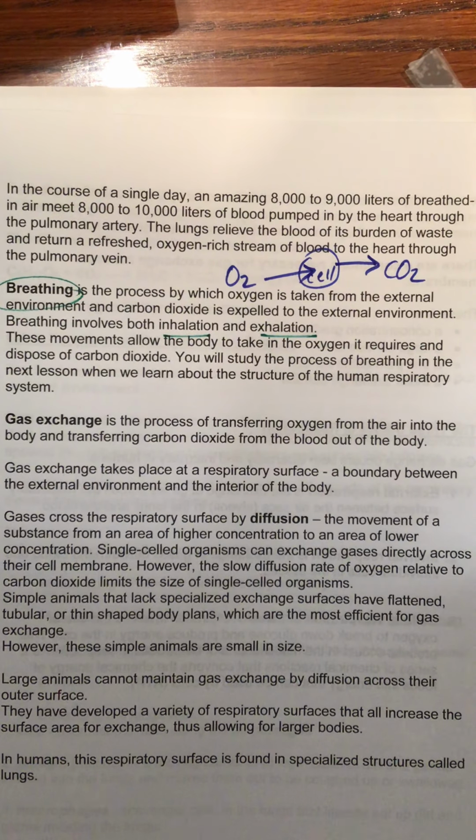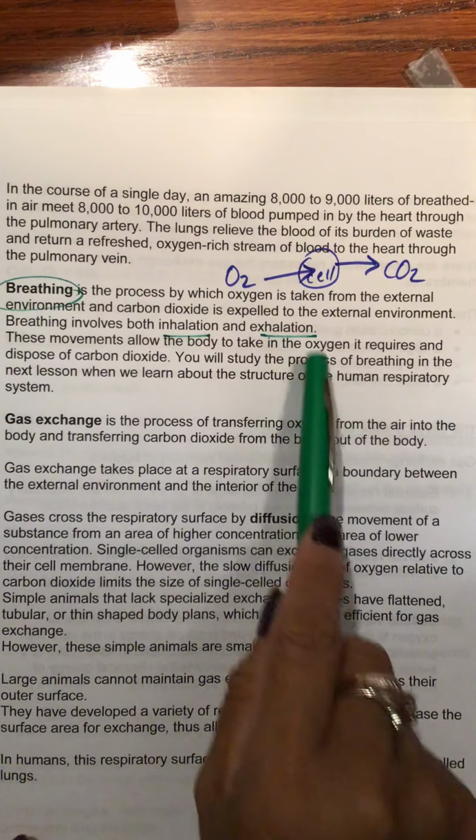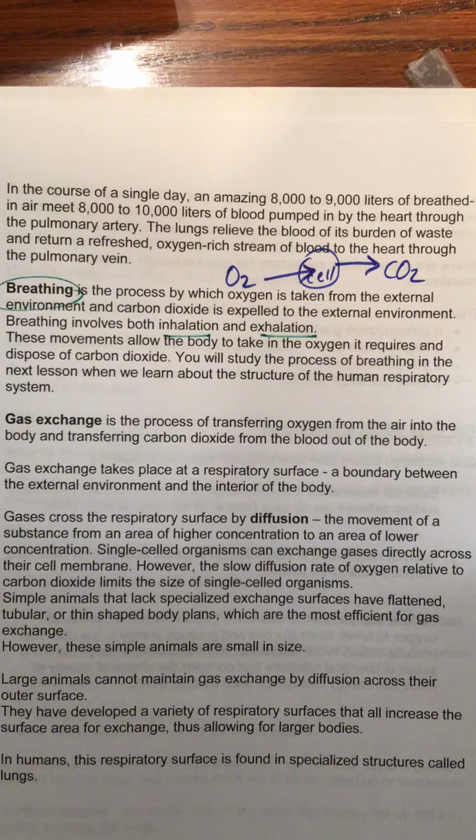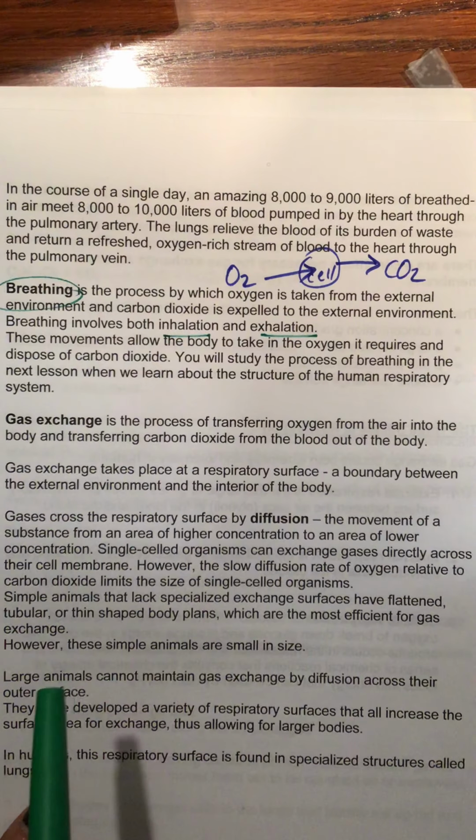So breathing is a mechanical process of bringing in the air, the oxygen from the external environment into the lungs, not the cells yet, but into the lungs, and then into the cell. That would be the respiration part, the cellular respiration, and then from the cell into the lungs, through the bloodstream, and then out back into the atmosphere through a process called exhalation.